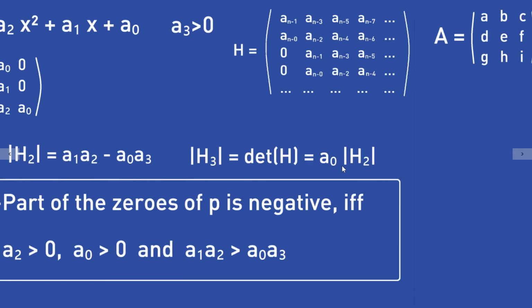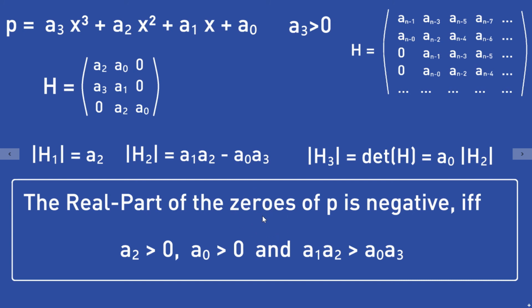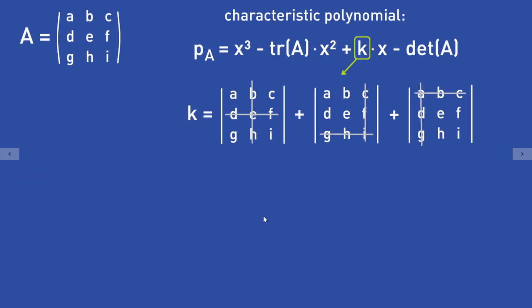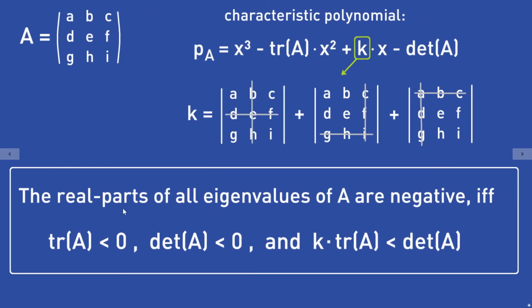Okay, now we can apply this result here on the characteristic polynomial PA. So we get the following result for the eigenvalues of a 3 times 3 matrix A. The real parts of all the eigenvalues of A are negative if and only if the trace of A is smaller than 0, the determinant of A is smaller than 0, and k times the trace of A is smaller than the determinant of A, where k is this value here.